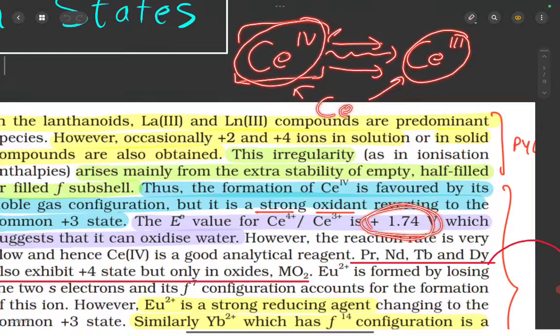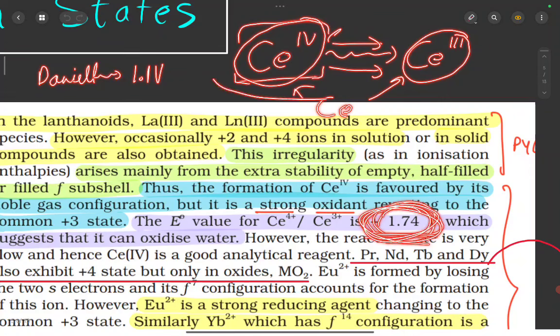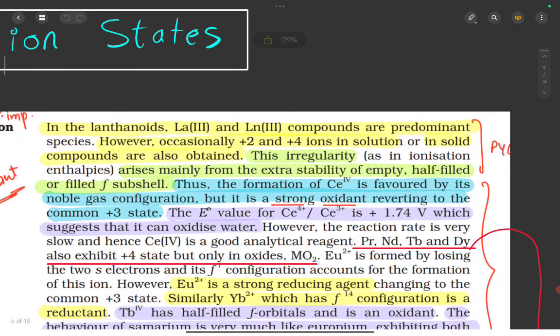Cerium is determined, with 1.74 volts. For comparison, the Daniell cell in electrochemistry has an E naught of 1.1 volts. This reaction is even more spontaneous than that. It is obvious for cerium to go to its +3 oxidation state instead of keeping the noble gas configuration. And its E naught is so high that it suggests it can oxidize water.